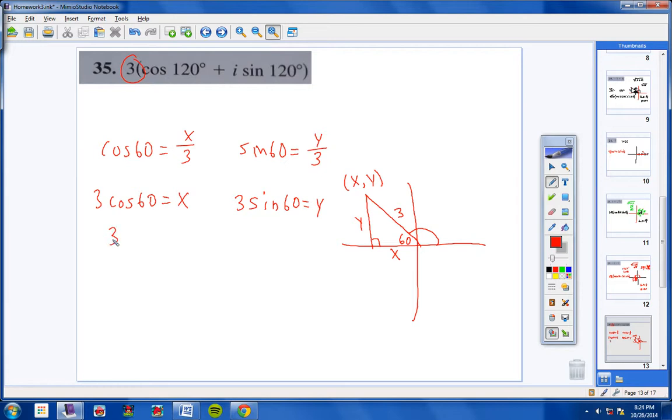So we have 3 times 1/2, which is 3/2. So x is 3/2. And then sine of 60 would be square root of 3 over 2. We have 3 times square root of 3 over 2, which would be 3 square root of 3 over 2.